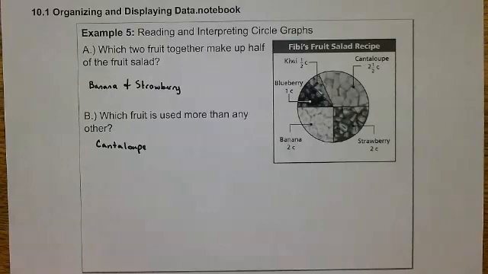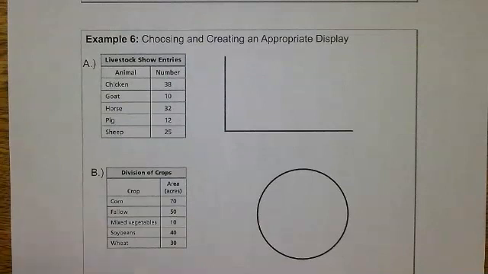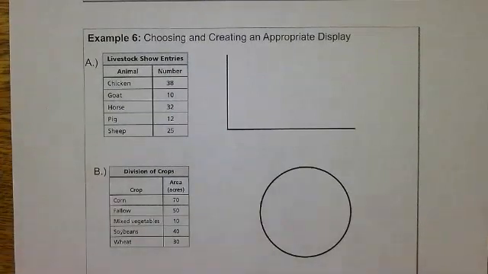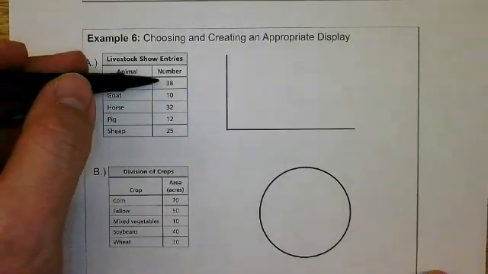All right, so here when we talk about making, this is the meat and potatoes of the whole thing. So here we're going to have a bar graph for this first one. We have livestock show entries, and it's just a number.